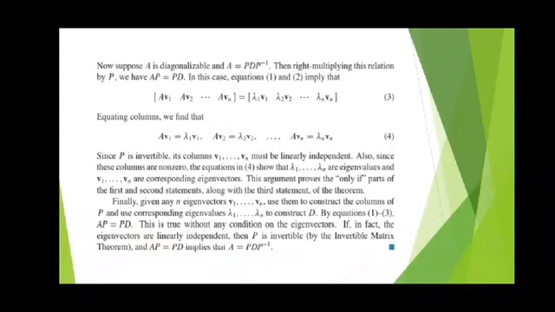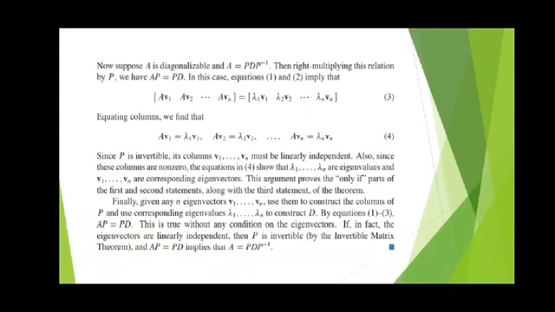Now we take that if it has linearly independent eigenvectors, then we have to show that A is diagonalizable.